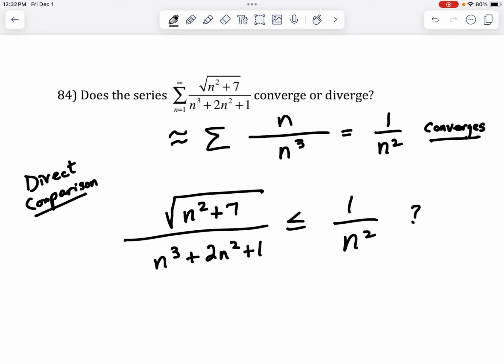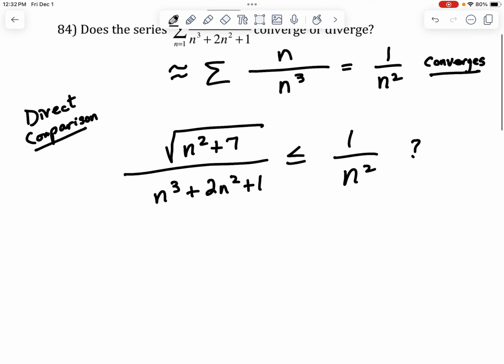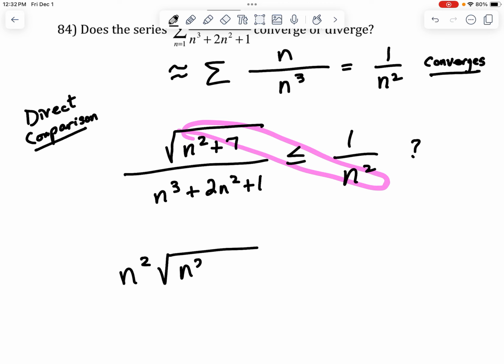So we can now cross multiply, and if you cross multiply this way, we will get n squared multiplied with the square root of n squared plus 7.